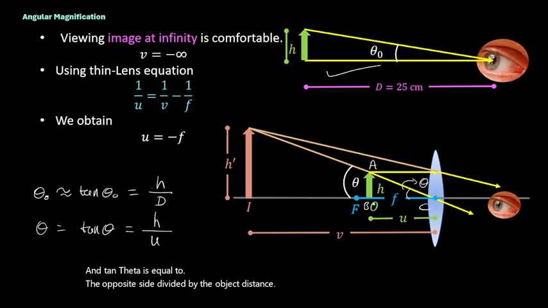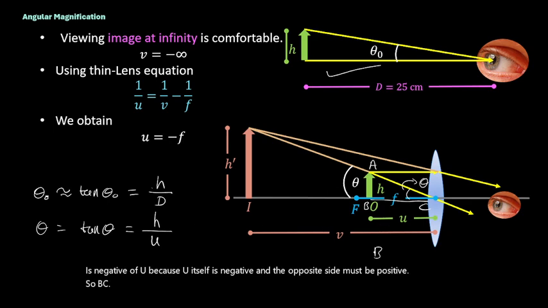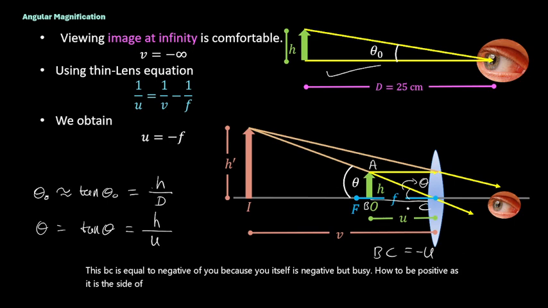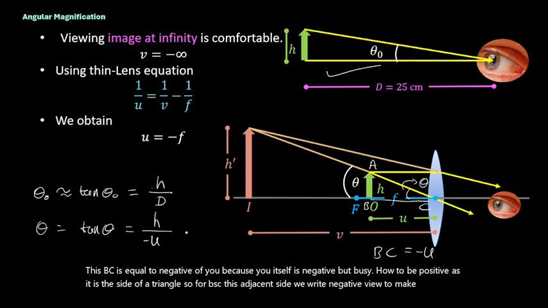But this adjacent side BC is negative of u because u itself is negative, but BC has to be positive as it is the side of a triangle. So for BC, this adjacent side, we write negative u to make it positive.